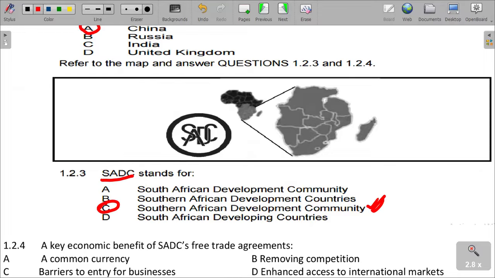This is our African map, but we are looking at countries in the southern region, and we identify them as SADC countries.